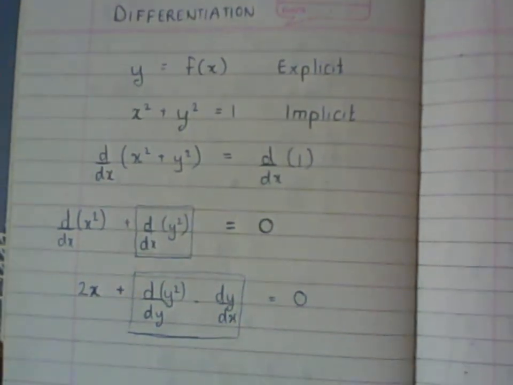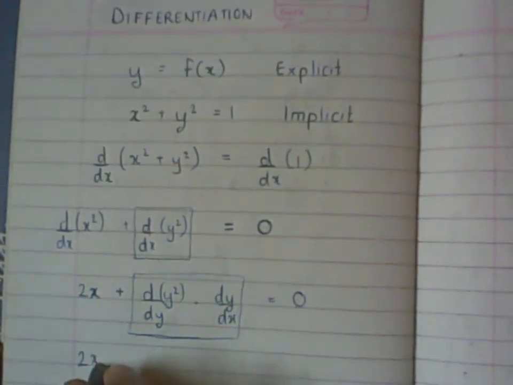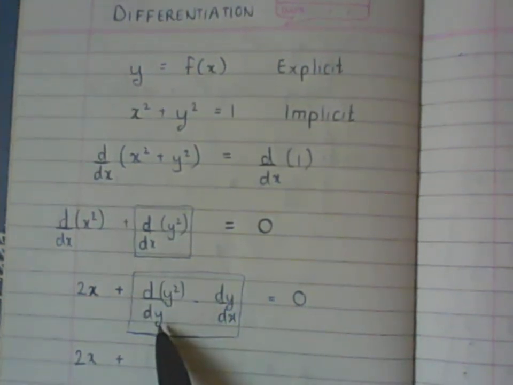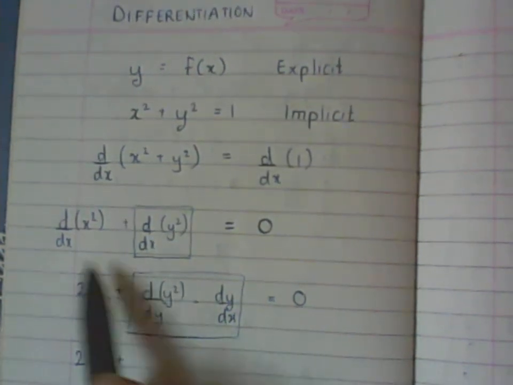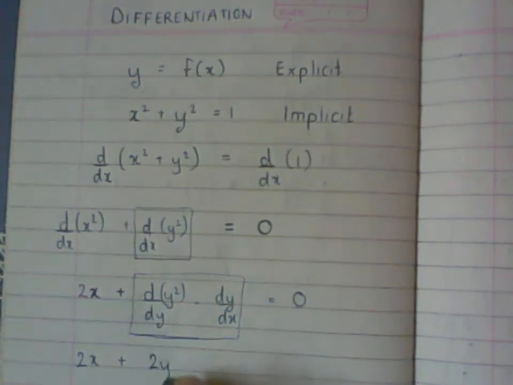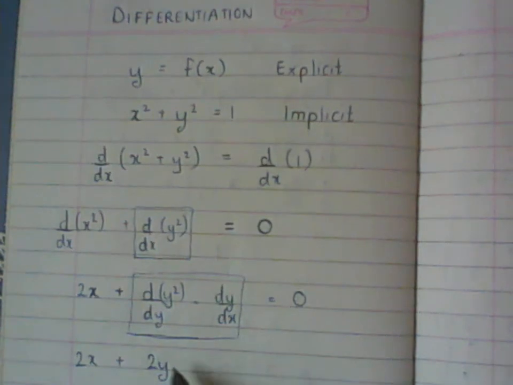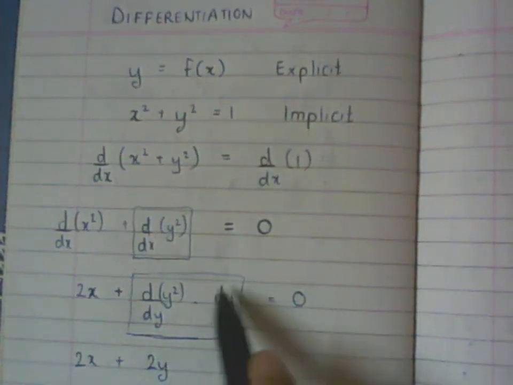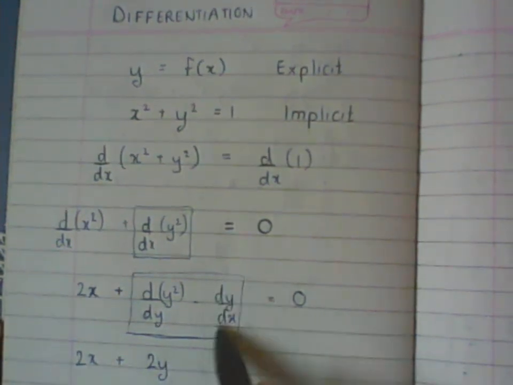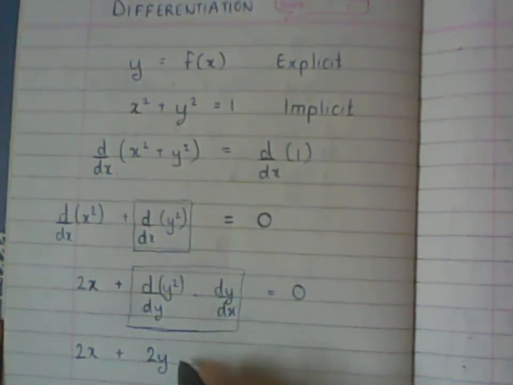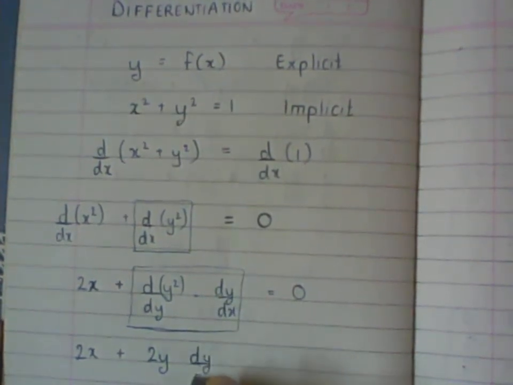So what we get here is 2x. Now the derivative of y squared with respect to y is similarly 2y, just like the derivative of x squared with respect to x was 2x. And what we have here is dy by dx, which was our ultimate goal. We ultimately wanted to find dy by dx, so I'll write it as is: 2x plus 2y dy by dx equals 0.